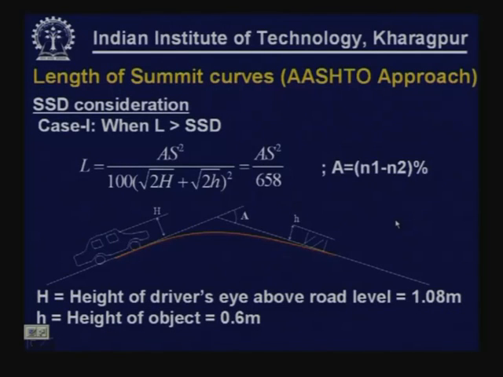Now, let us come to the curve design part. We have discussed the upper limits of grades, the lower limits of grades, and also the basis for deciding the critical length of grade as per AASHTO. With this background, let us understand the basis for design of summit and valley curves.